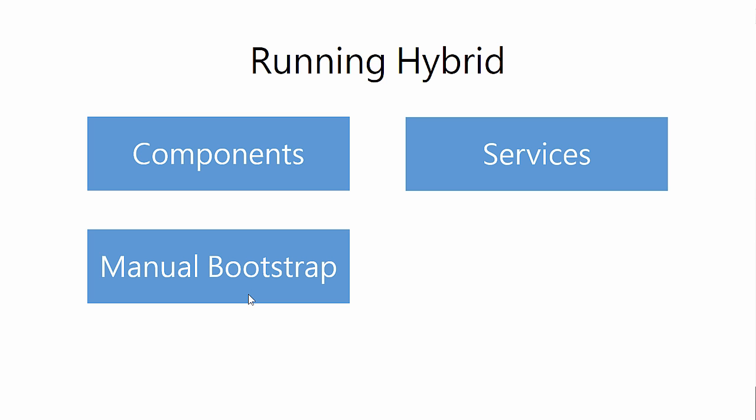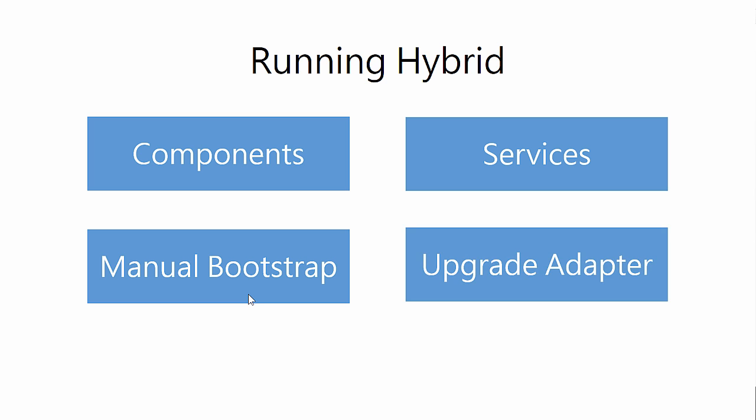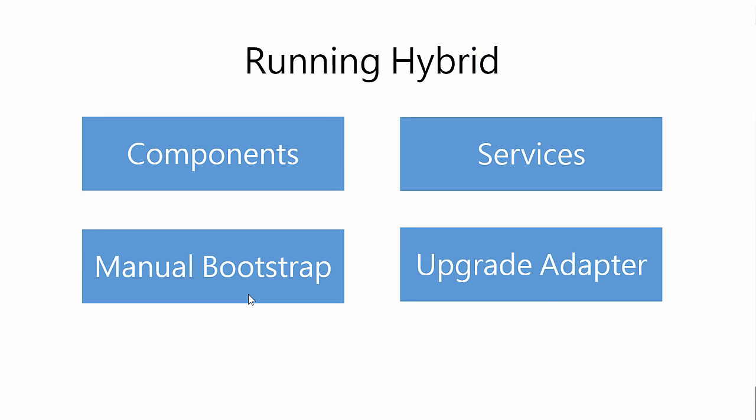And once we have that available, then we can manually bootstrap up our application because that's how it needs to happen in order to get the two frameworks running together. And once that's done, then we can use the upgrade adapter in order to make sure that the communication works between the two different frameworks. So let's talk about that upgrade adapter a little bit more.